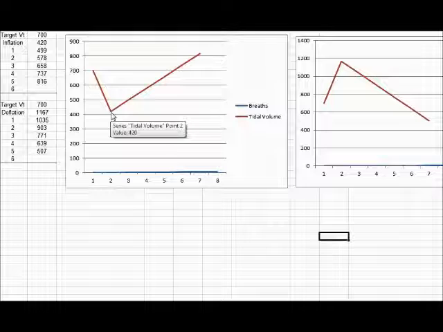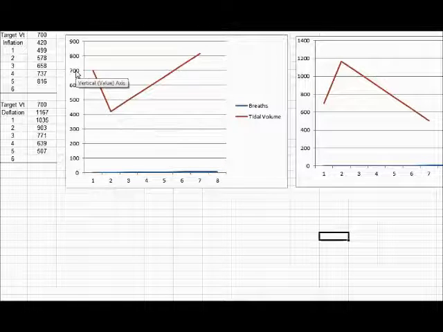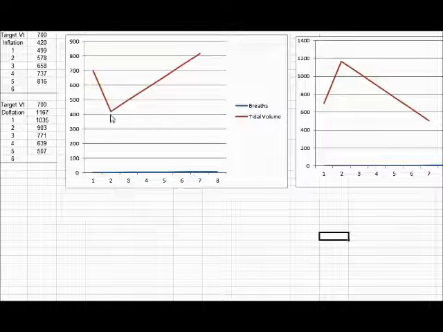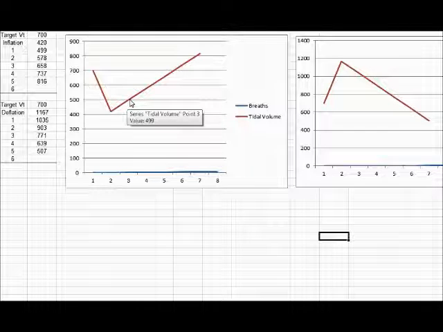So the ventilator is going to have to increase the pressure to get the desired tidal volume of 700. As you notice, the next breath, it's going to go up again. Here's breath 2, the first breath after the decrease. Then the next breath I'm going to have a volume of 499, approximately 500, because it's only increasing by 2 centimeters of water at a time.